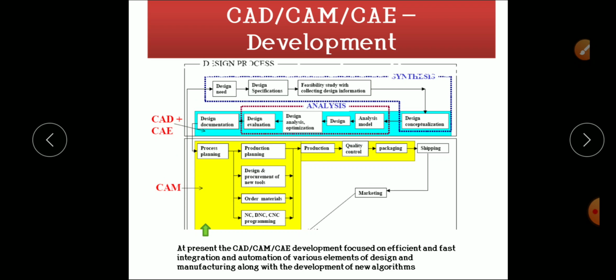After the prototype and finalization of the product, we can go for process planning, and in that, a number of steps we can complete to manufacture the component: product planning and design, the procurement of new tools, ordering material, numerical control, DNC, CNC programming, and then production actually starts on the shop floor.